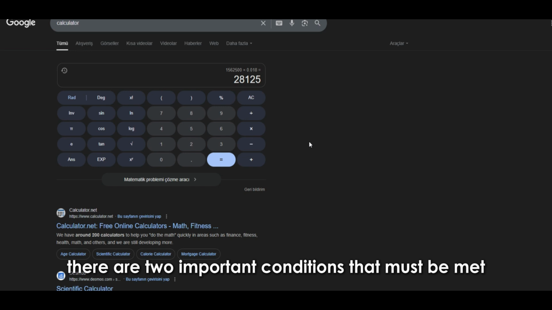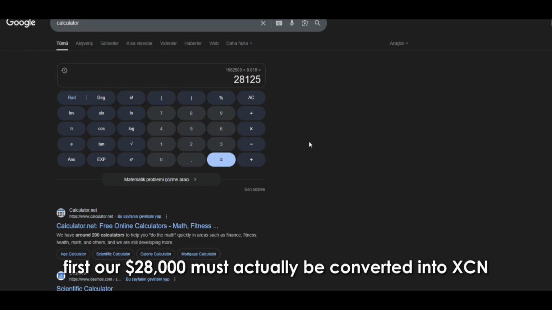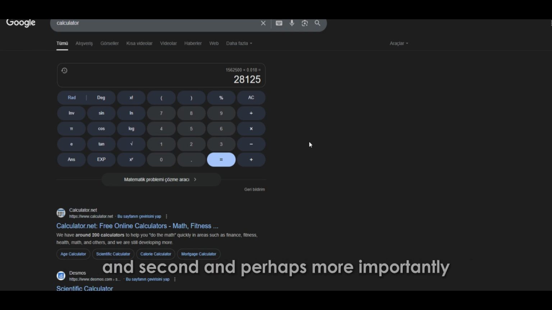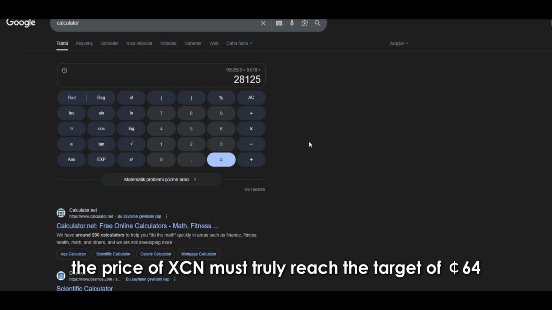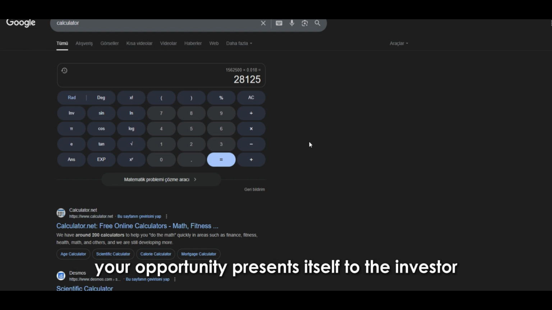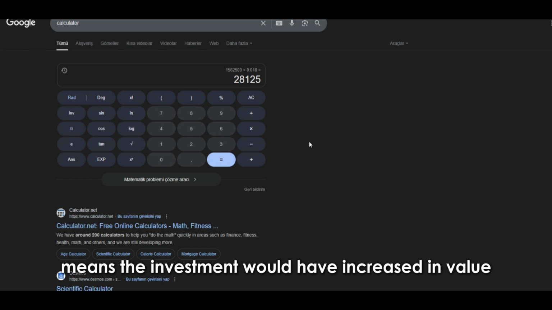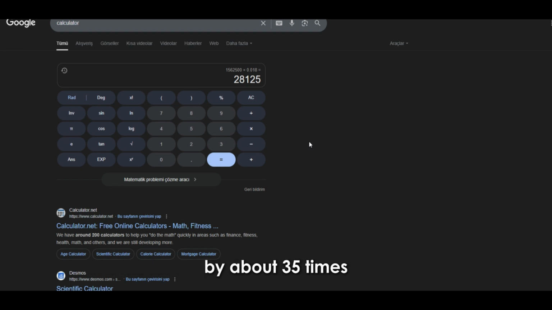There are two important conditions that must be met for this target scenario to become reality. First, our $28,000 must actually be converted into XCN, and second, and perhaps more importantly, the price of XCN must truly reach the target of 64 cents. If both of these conditions are met, a major opportunity presents itself to the investor, because turning a savings of $28,000 into a $1 million net worth means the investment would have increased in value by about 35 times.